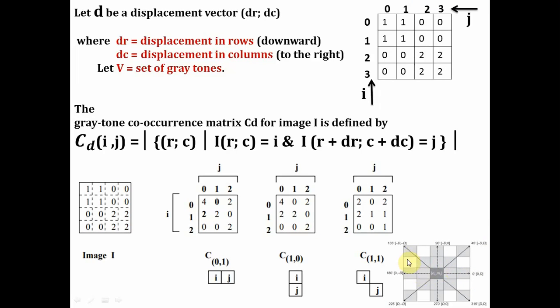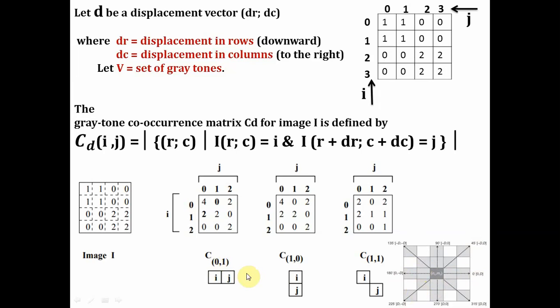For this example, I have put the direction and the angle of the pixel arrangement, so that you will be able to compare with the input image and solve for the co-occurrence matrix. Now for C01, the co-occurrence matrix of 0 1, the i value is 0 and the j value is 1. You will be able to solve this if you have this type of diagram.